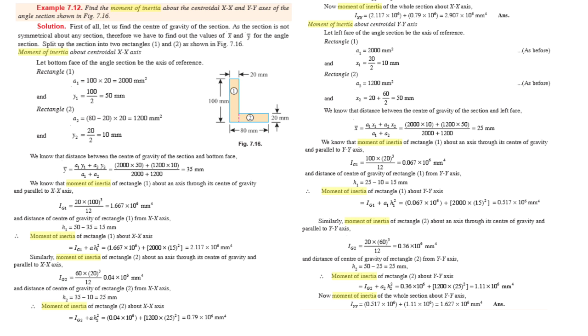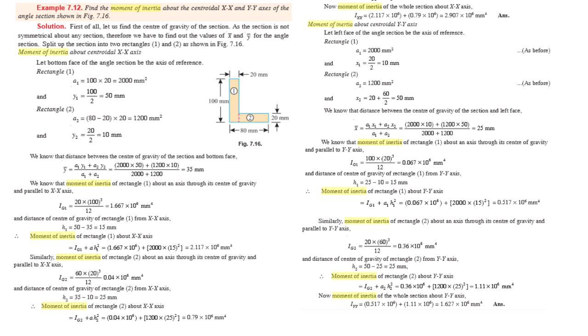Moment of inertia about the centroidal y-y axis for rectangle 1. So area 1 for the rectangle is equal to breadth into height. For rectangle section 1, the breadth b1 is equal to 20 mm and the height of section 1 is equal to 100 mm.